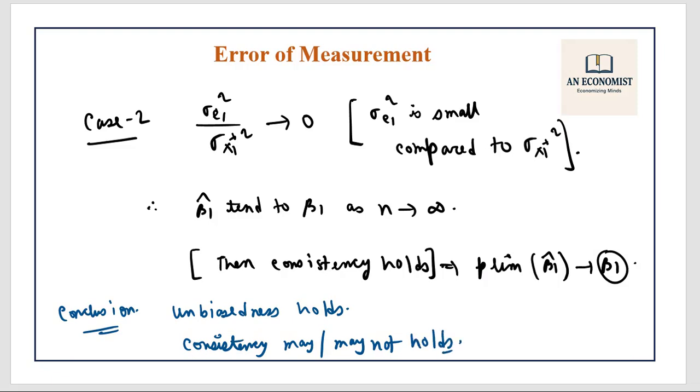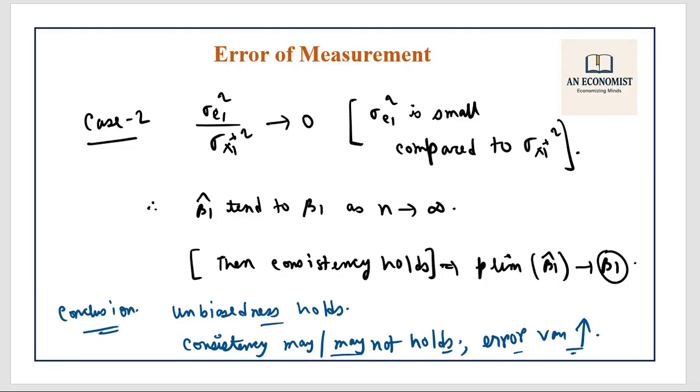Depending on the kind of assumptions that you make, your consistency will vary. It may hold or it may not hold. And the third consequence is that the error variance will always rise. Right? So these are the three broad consequences that we will have under measurement error in X. I hope this is absolutely clear.